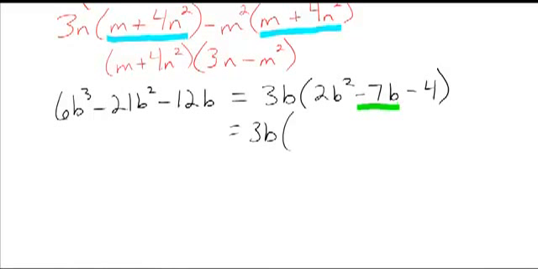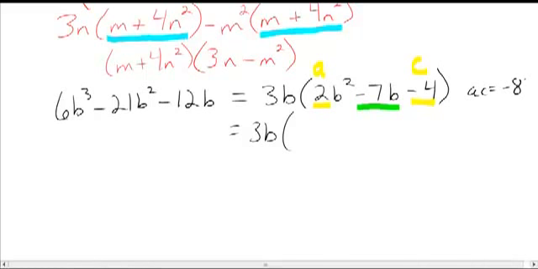Remember, a is the coefficient of the squared term, and c is the constant. So in this case, a is 2 and c is negative 4. Well, a times c is negative 8, 2 times negative 4.